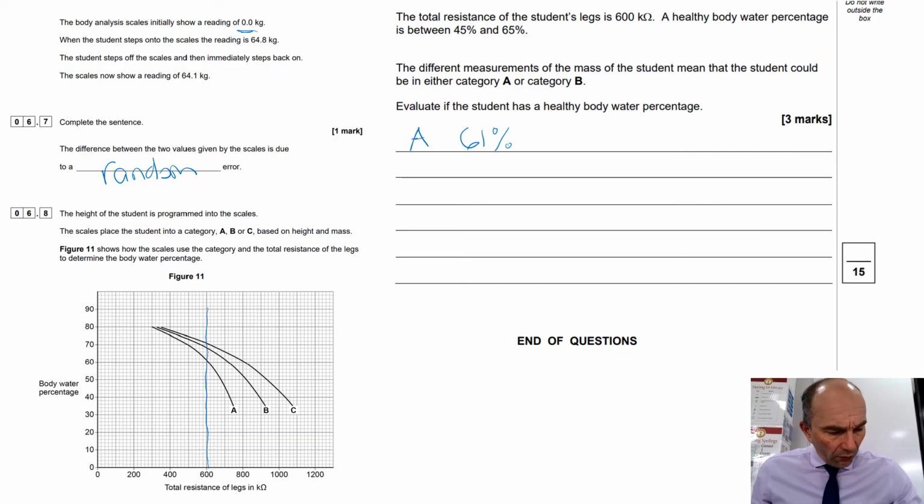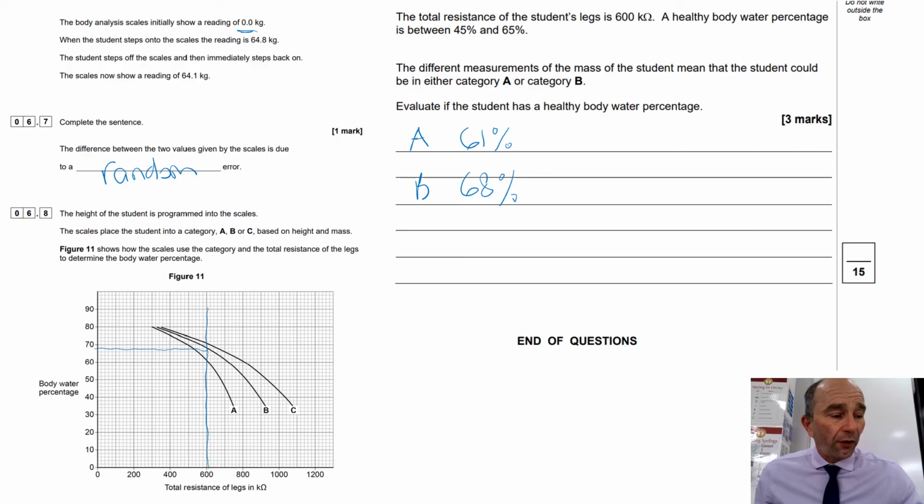Now, person B, again, if you look at the graph and draw the line across, and it's much easier when you've got a ruler, person B has a water percentage of 68%. Now, obviously it's saying here that the healthy body water percentage has to be between 45% and 65%.